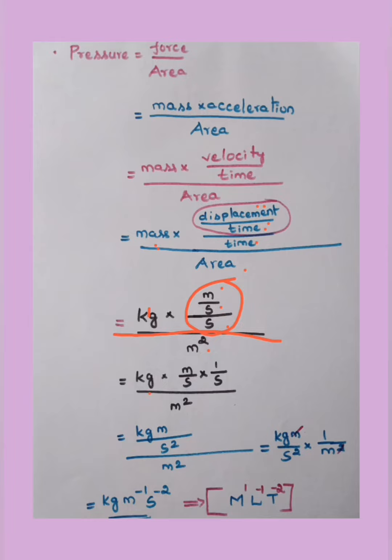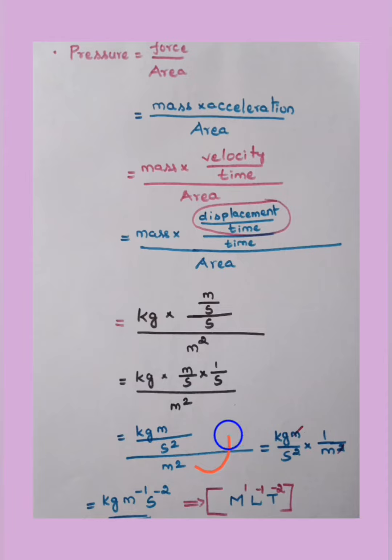So kg into meter per second into, when this second goes to the numerator, it becomes 1 by second, and the whole divided by meter square. Be careful while solving this. On simplifying, in the numerator kg as it is, meter into 1 gives us meter, divided by s into s, which is s square. Only the numerator we have solved, divided by this meter square which carries as it is.